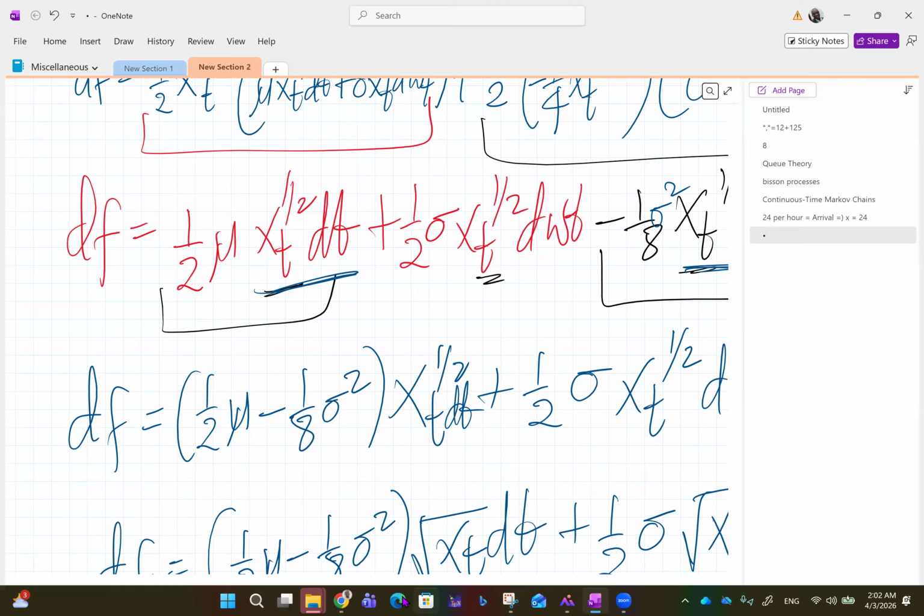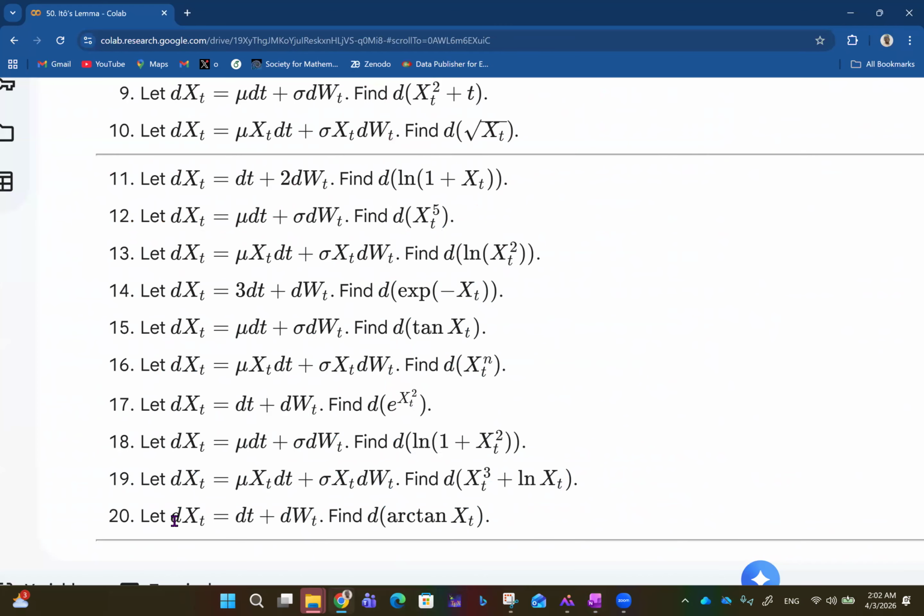For question 20 now, we are given dxt to be dt plus dwt. So we want to find df, where f is the arctan of xt.